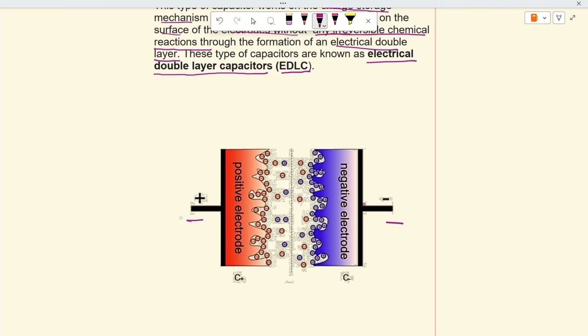While the electrode where we have given a negative polarity will be negatively charged, and that attracts the positively charged ions towards itself. Okay. And we have an electrical double layer, that is, a positive electrode in contact with the negative ions forms an electrical double layer.